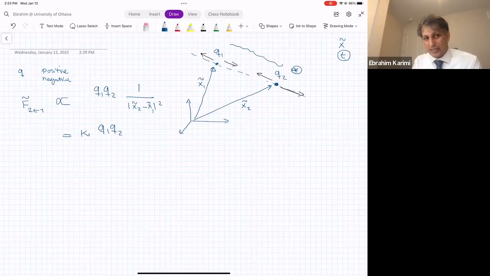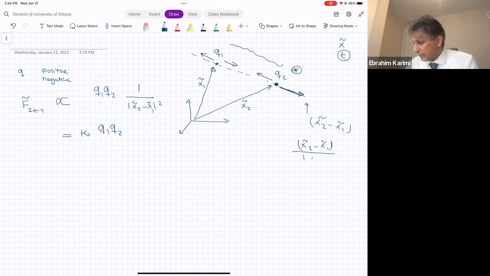So the force on charge 2 will be along this direction, which is the direction of x2 minus x1, and we will make a unit vector out of it. So it will be x2 minus x1 divided by the absolute value of x2 minus x1. This is a unit vector along this path, okay?